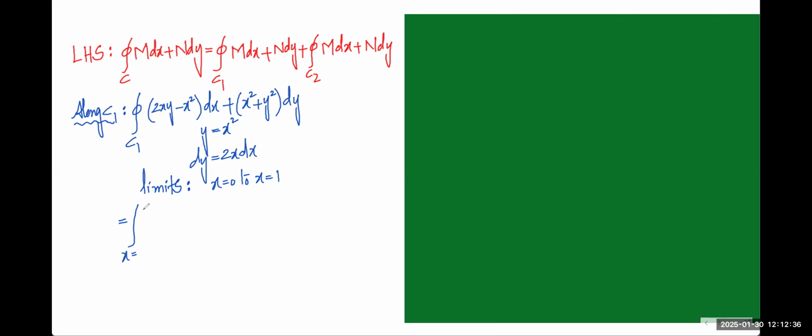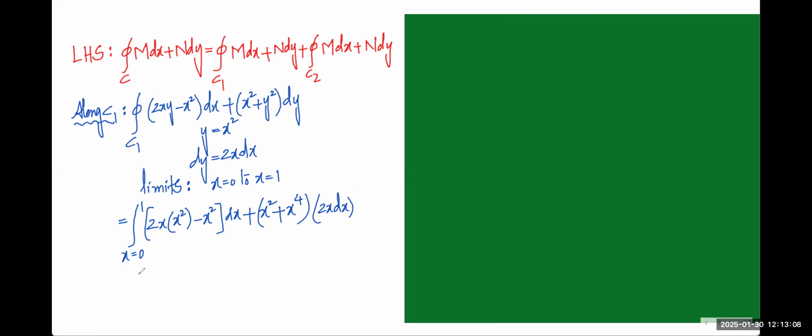X is equal to 0 to 1. 2x as it is, y value is x square, minus x square times dx, plus x square is x square only. Y square means we have to make it a square, we get x to the power of 4, into dy value, 2x dx.